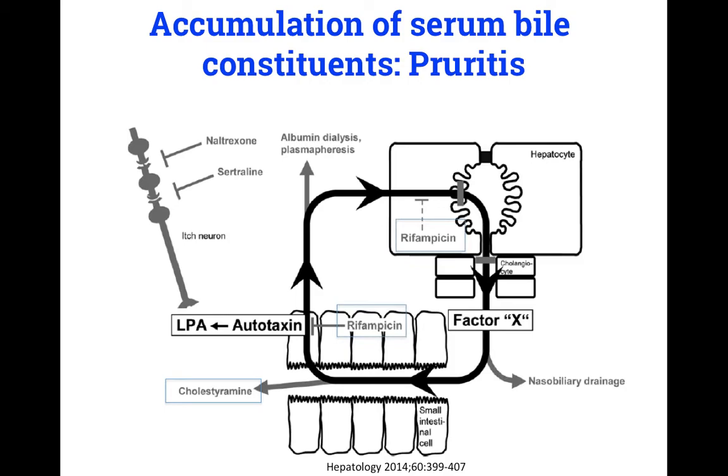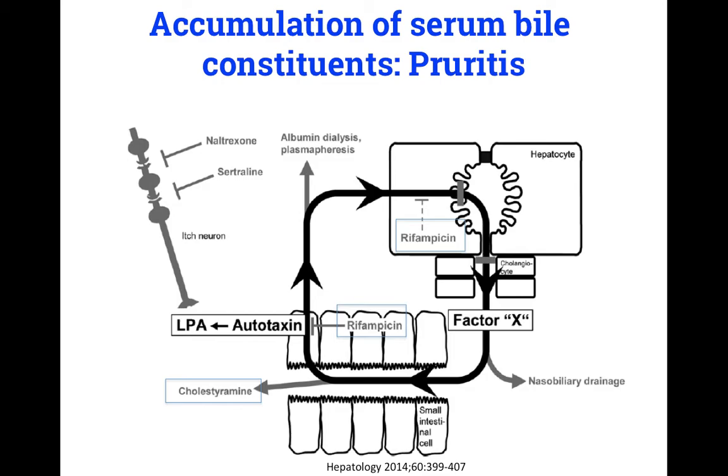I should also mention that ursodiol, by inducing choleresis, is the first-line management for cholestasis due to its choleretic effect with minimal side effects. So it's the first line. Cholestyramine is usually the next line agent. Rifampicin, as we had talked about, increases activity of enzymes and transporters within the liver through its effects on nuclear receptors.